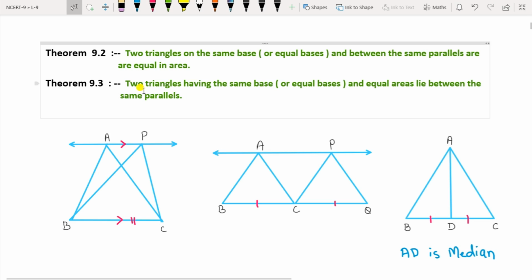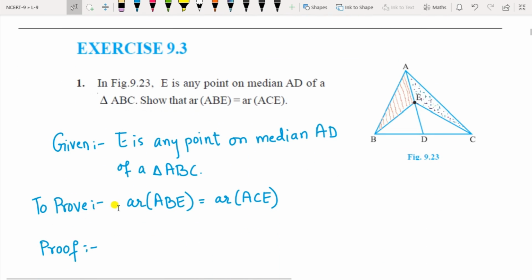Two triangles having the same base or equal bases and equal areas lie between the same parallel lines. That means if two triangles have the same base and their areas are equal, then they will lie between the same parallel lines. So we are going to use these two theorems to solve exercise 9.3.